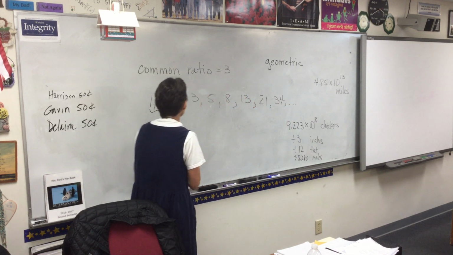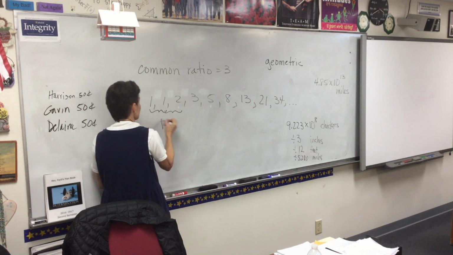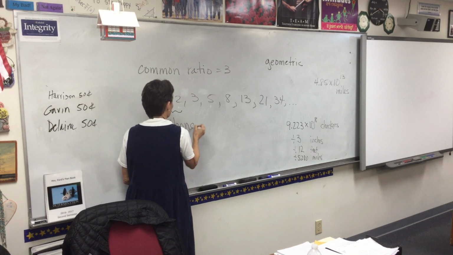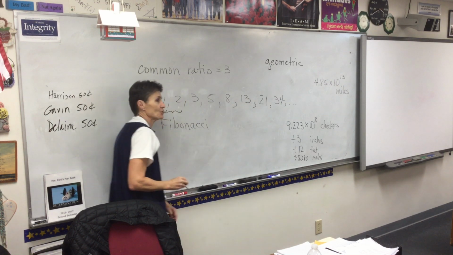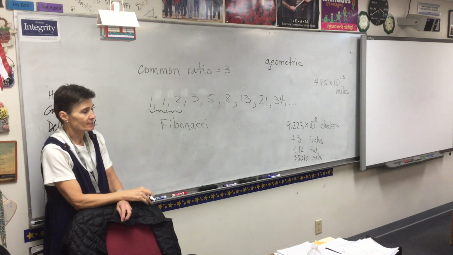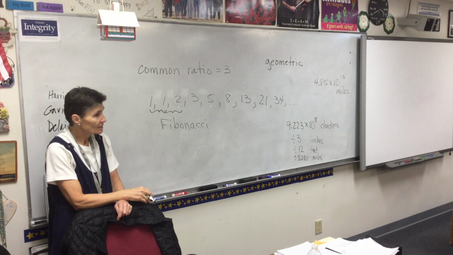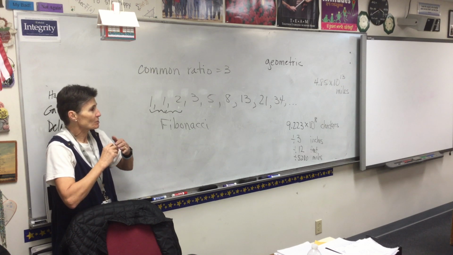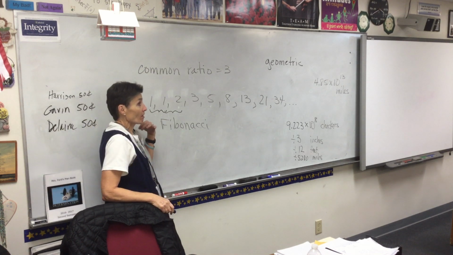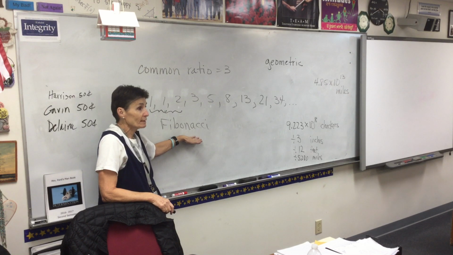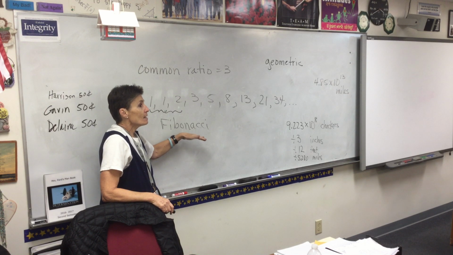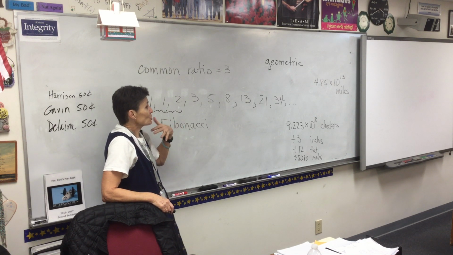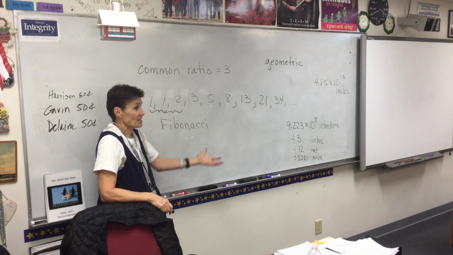This sequence is so famous, it has its own name. Make a little note next to it. It's the Fibonacci sequence. And you guys that think all math is just made up so that you can be miserable, there are actually whole books written about the Fibonacci sequence because it actually occurs in nature.